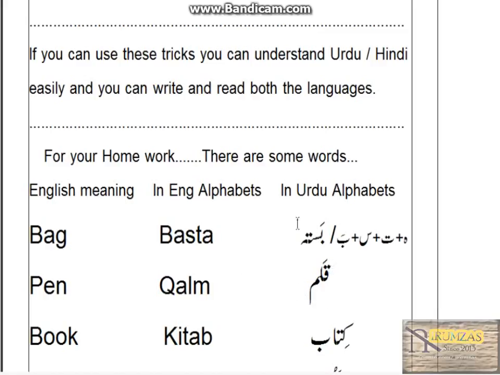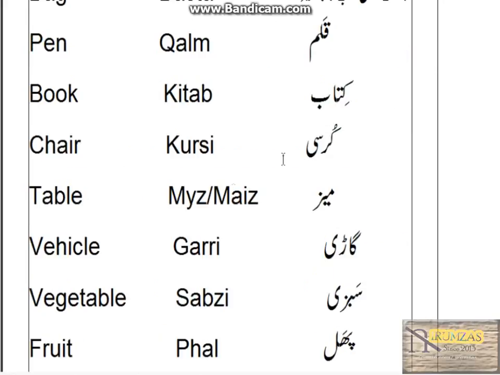This is representing the zabar tone. And the third one is book. Its Urdu or Hindi word is kitab. This I is representing the zer tone, kitab. The next one is kursi, chair. In Urdu or Hindi we say kursi. This U is representing the pesh tone.